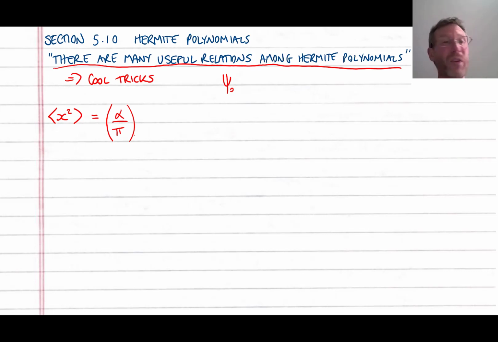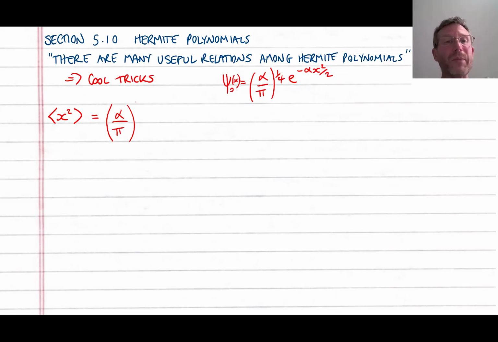Well, let's actually remember what that wave function is. It's a function of x, and that's equal to alpha over pi to the fourth, times e to the minus alpha x squared over 2. When we multiply that together, we've got our 1/2 term, because alpha over pi to the fourth squared becomes alpha over pi to the half, and we're going to find the average over all space.